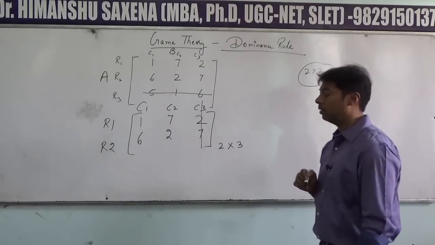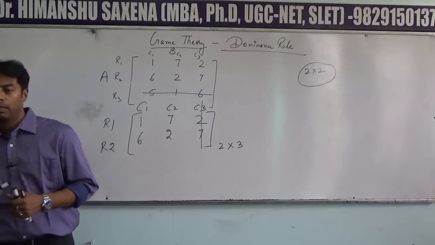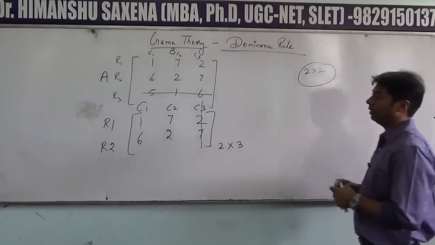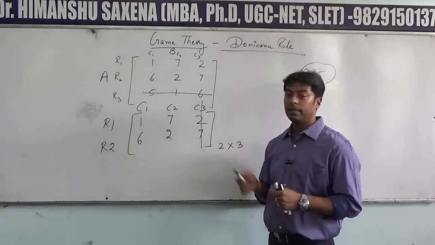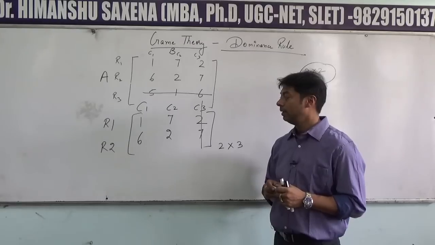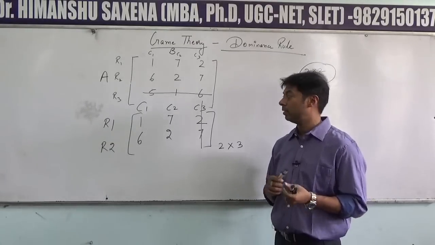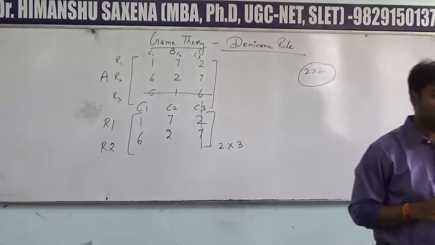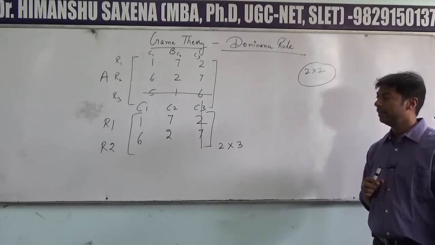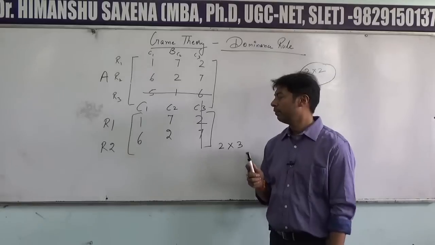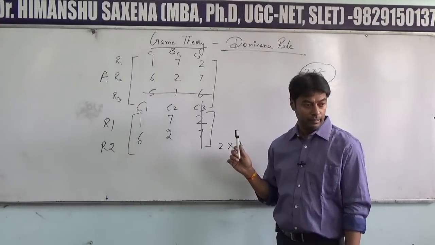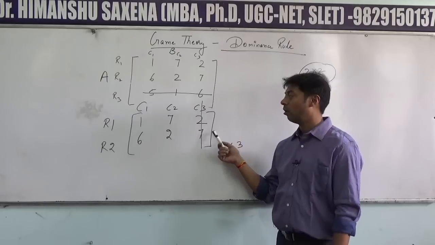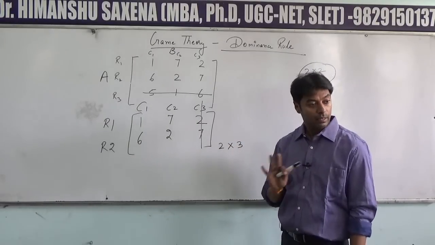Since the elements in the third column are greater than the elements of the first column, therefore the third column is dominated and hence it is deleted.